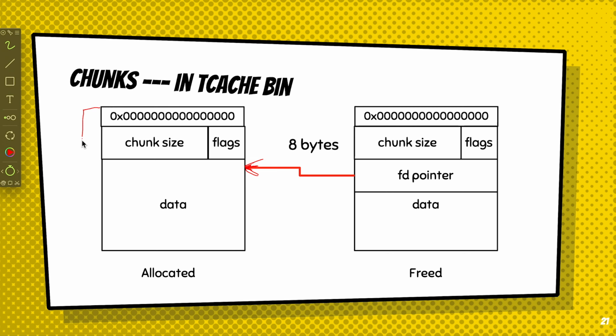If we look at the allocated chunk, or also just the free chunk, it starts here, which is the start of the metadata and also the start of the chunk. The data actually starts from here. In fact, if you do malloc, it will return the address of where data starts. So for Tcache, the forward pointer points to the start of data. This is different for the other types of bins, which I will show you in the following.